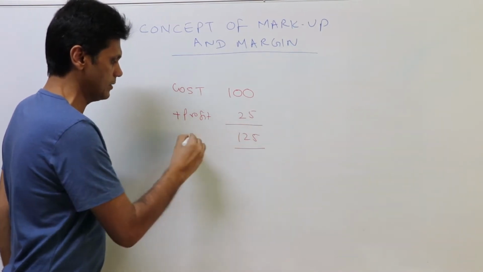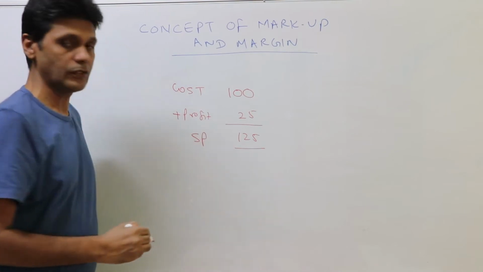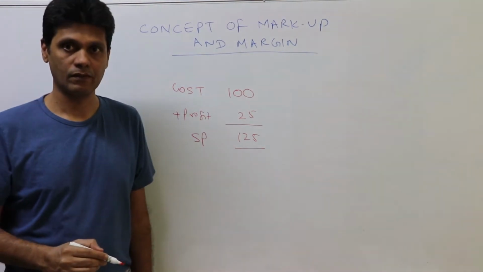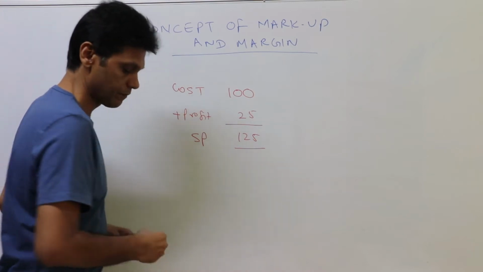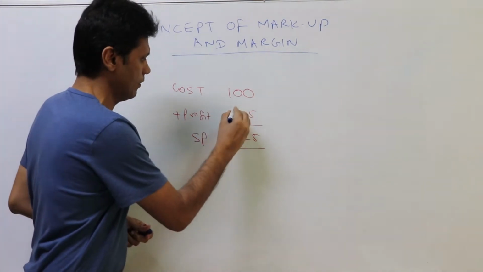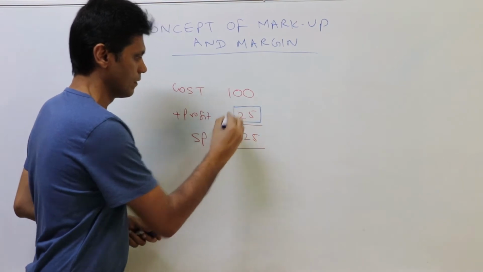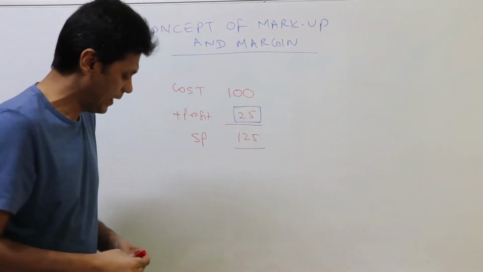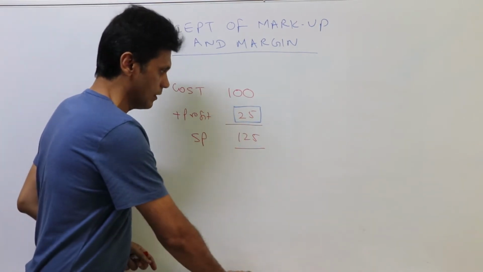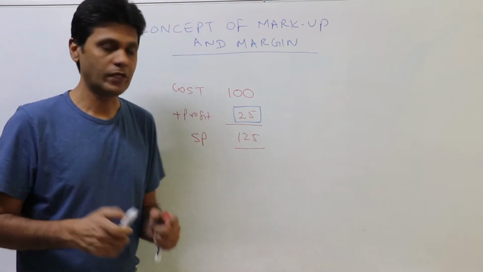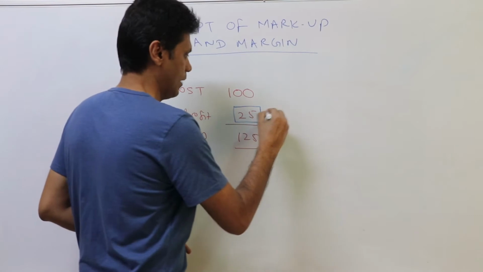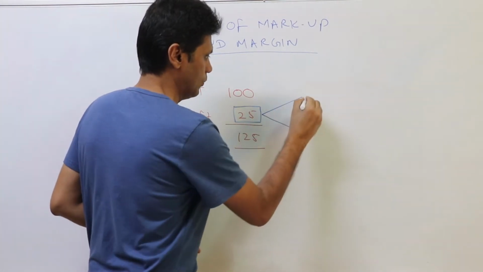The selling price will be 125, and this 25 profit can be expressed in two ways.